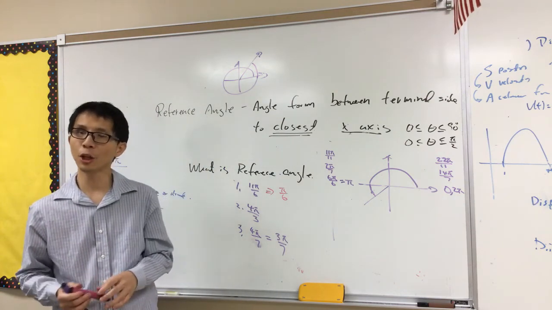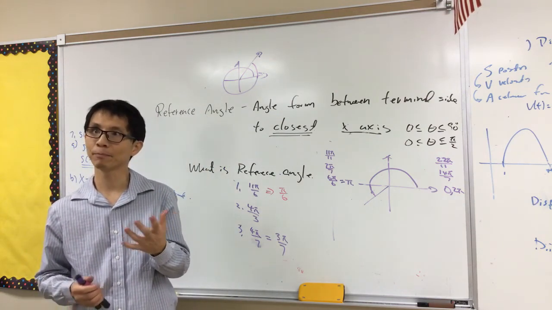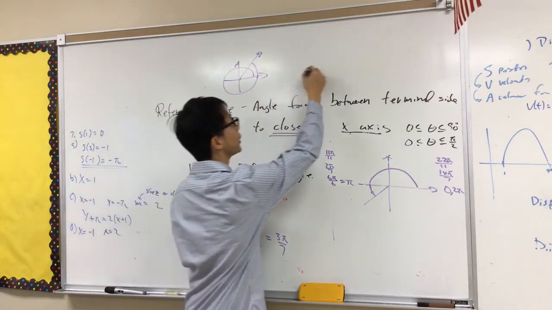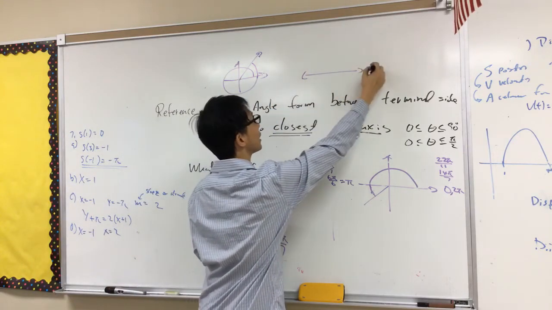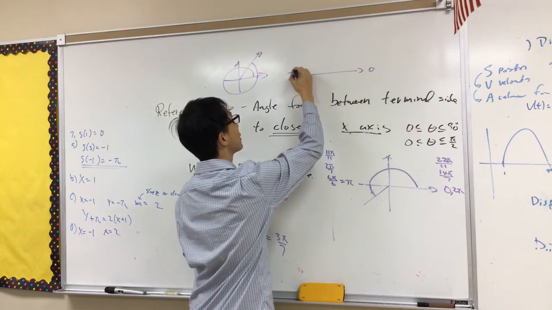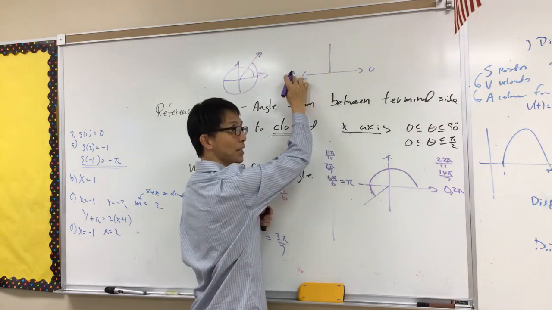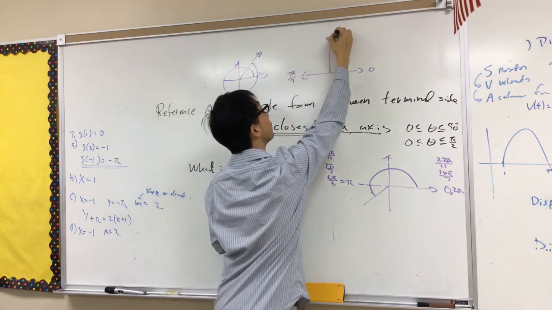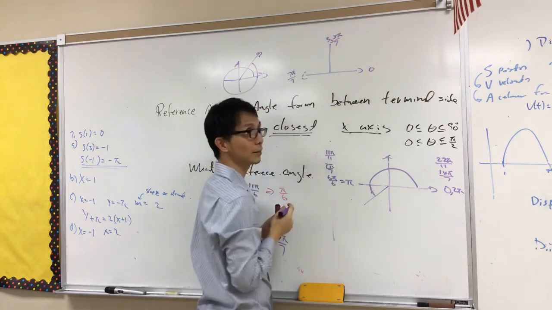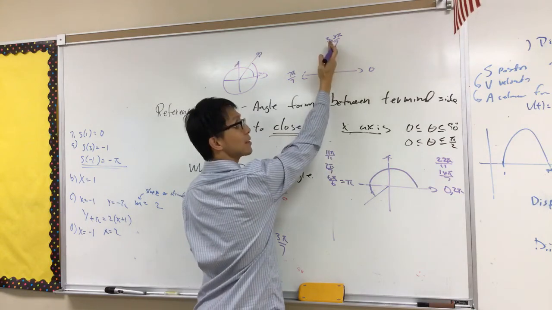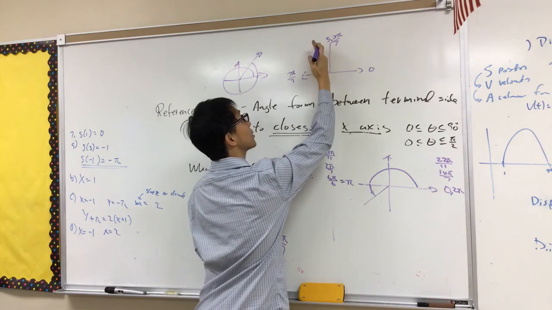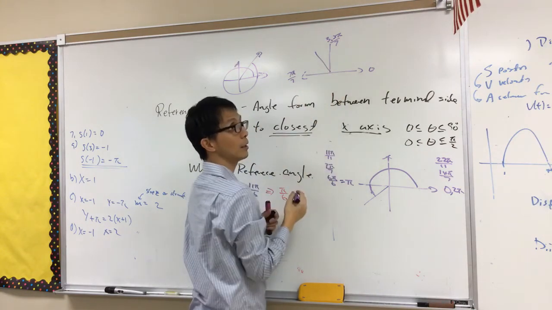Do you know why it's 3 pi over 7? Think about it. This one is 0, this one is 7 pi over 7, right? What do you think halfway is? Half of 7 is 3.5 pi over 7, right? So 4 is definitely past the half mark. What if it doesn't pass the half mark?